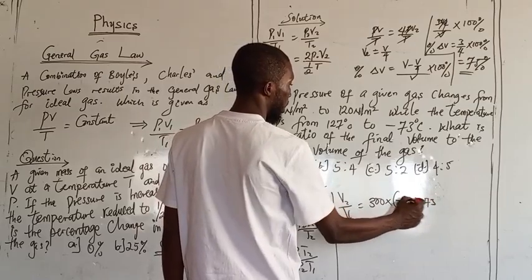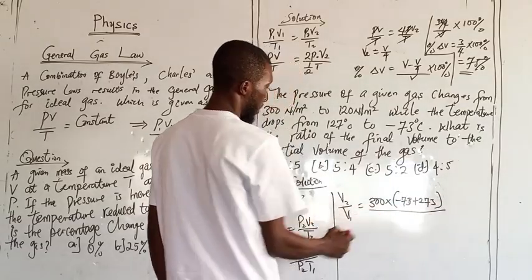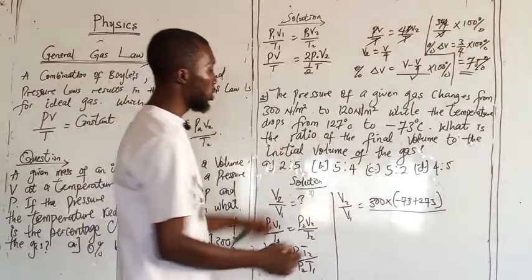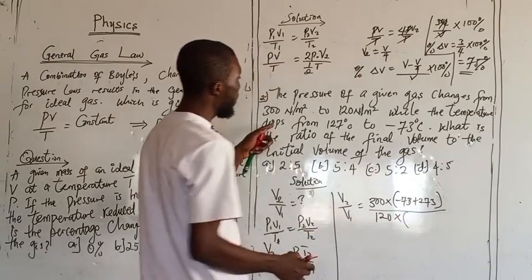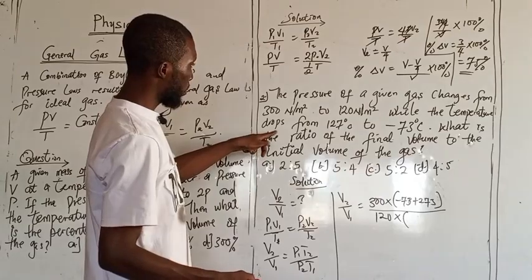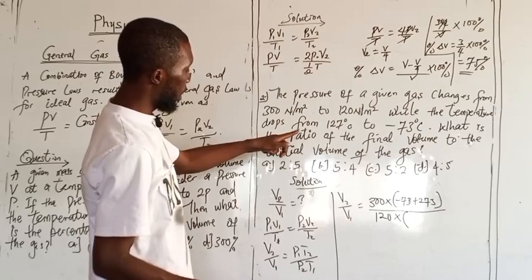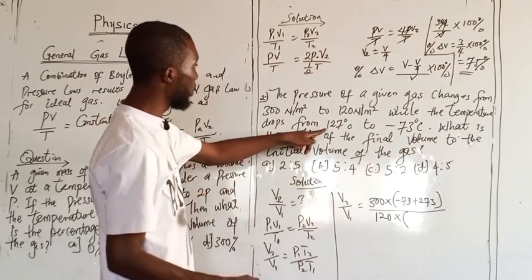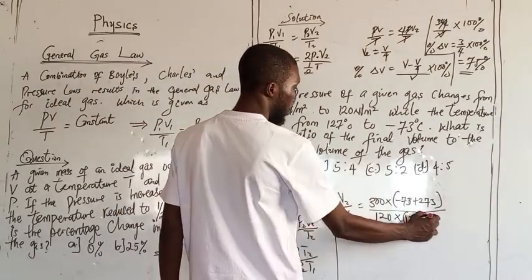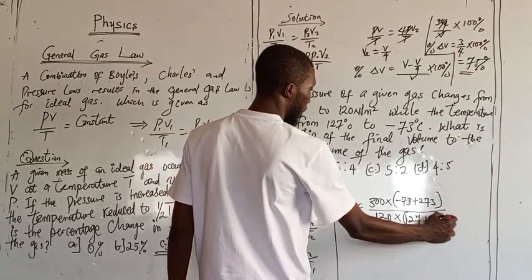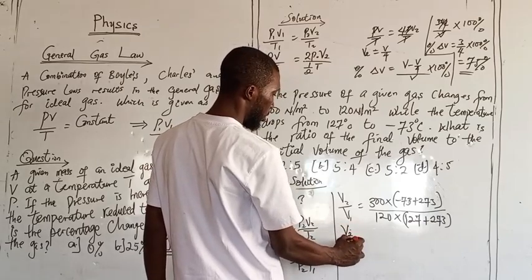In Kelvin, that will be minus 73 plus 273. Then divide by my P2, final pressure, 120 Newton per meter square, multiplied by my T1, initial temperature, which is 127 degrees Celsius, 127 plus 273.